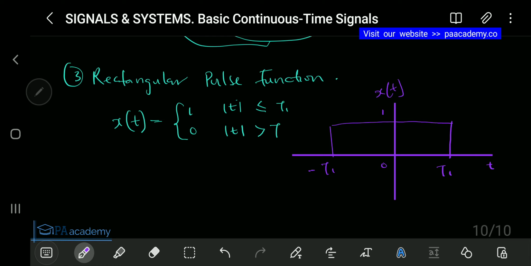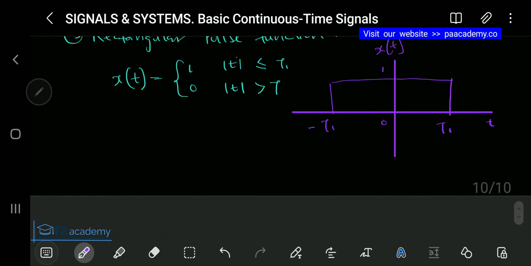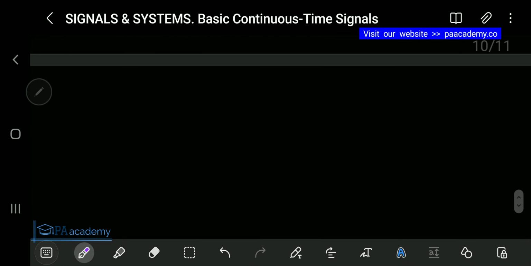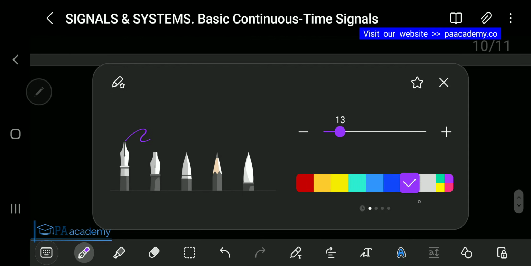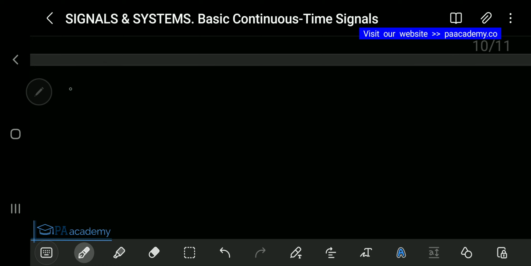So now let's look at the fourth one, which is the ramp function. This is a pretty popular one. So for number 4, the ramp function is written as r of t.